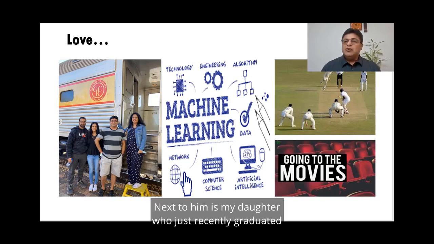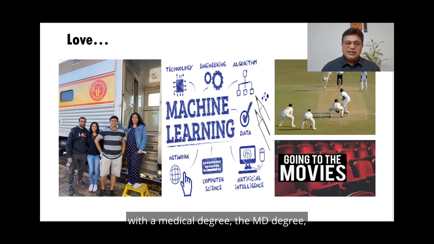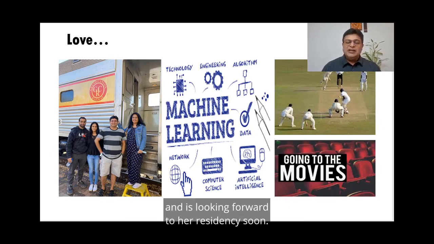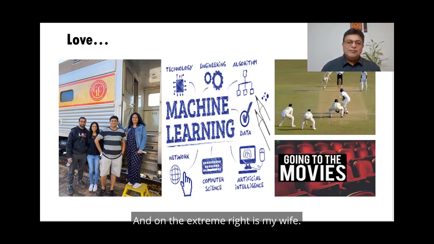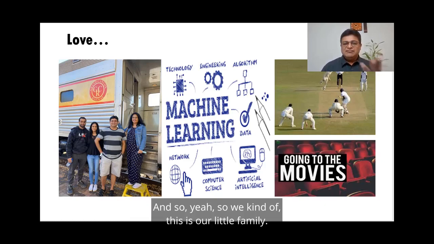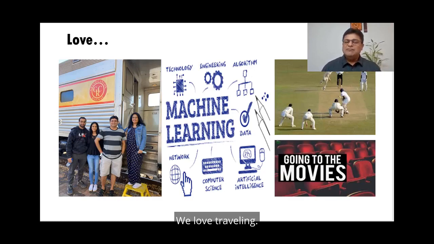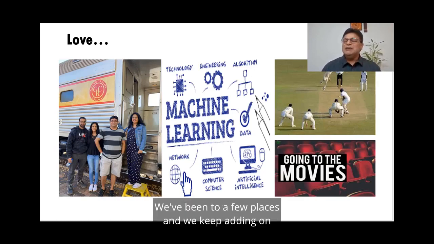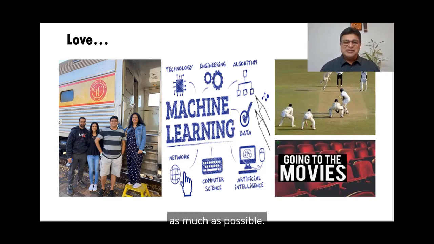Next to him is my daughter, who just recently graduated with the medical degree, the MD degree, and is looking forward to her residency soon. And on the extreme right is my wife. You see her on the steps there. She works for Bank of America, and this is our little family, and we love traveling. We've been to a few places, and we keep adding on as much as possible.